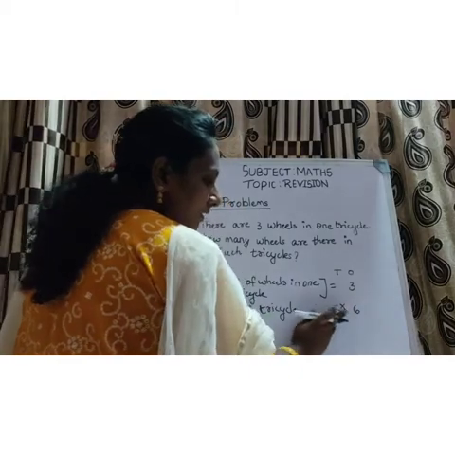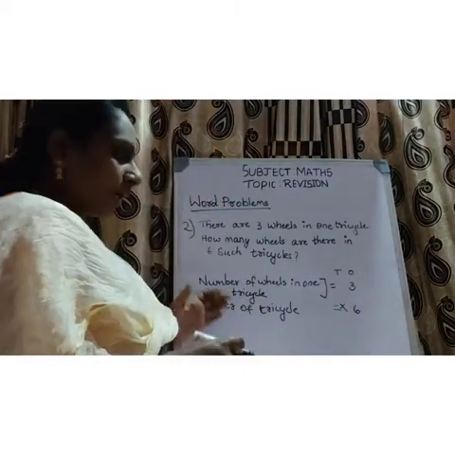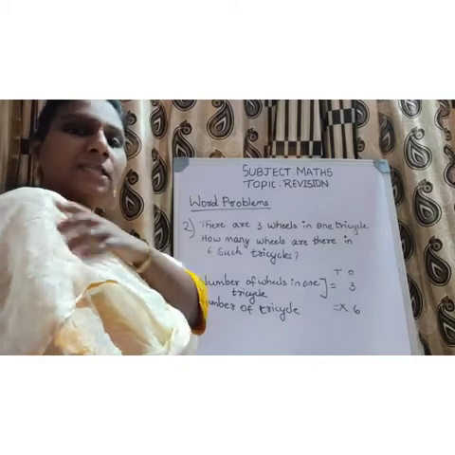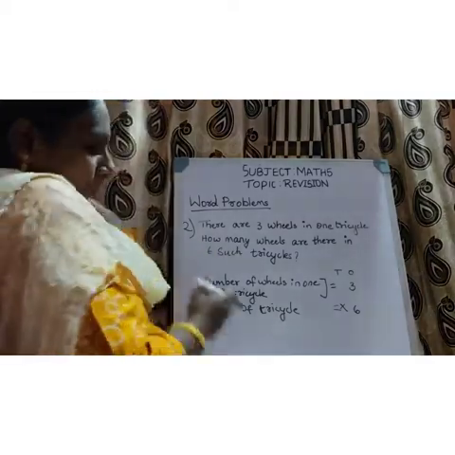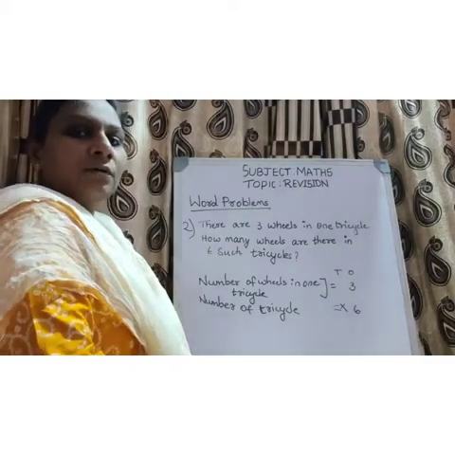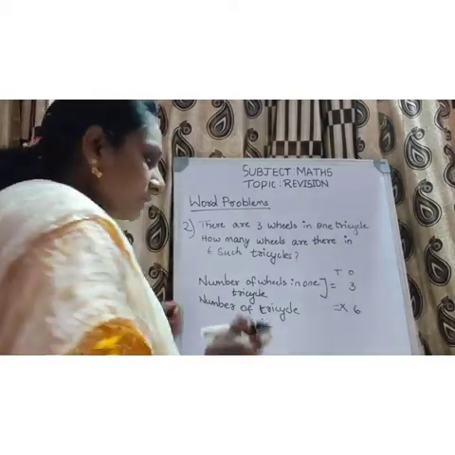Okay. So the next thing you should find out is the total number of wheels in 6 tricycles. What should you find out, children? You should find out the total number of wheels in 6 tricycles.